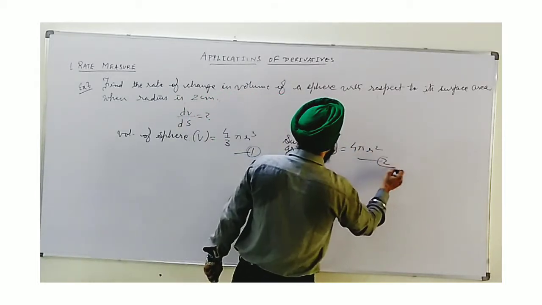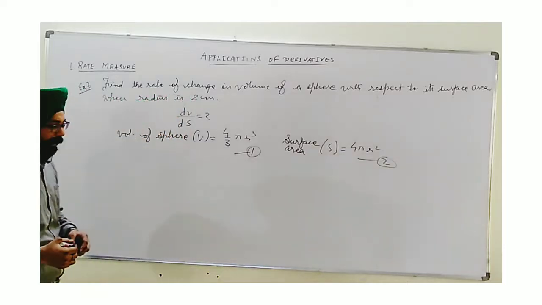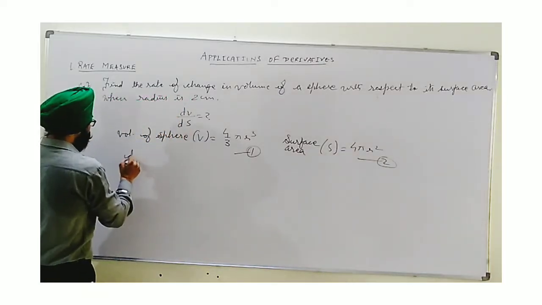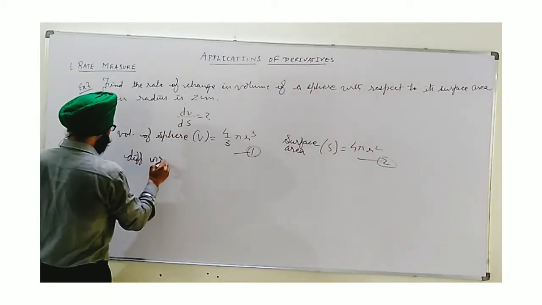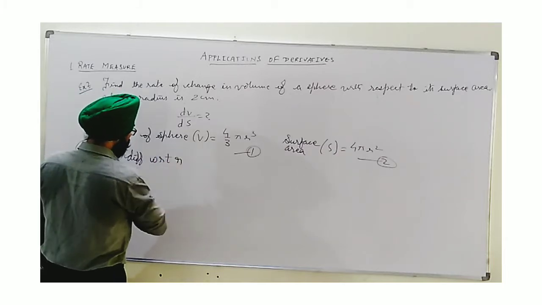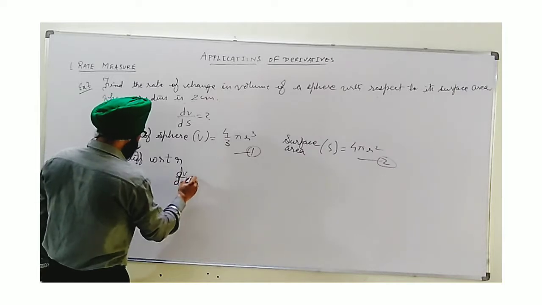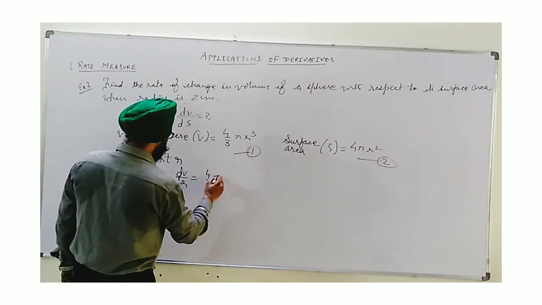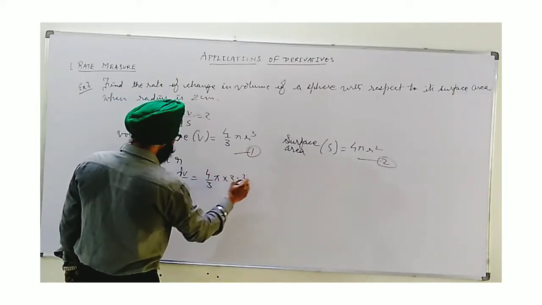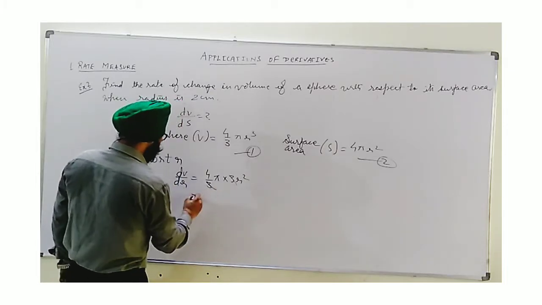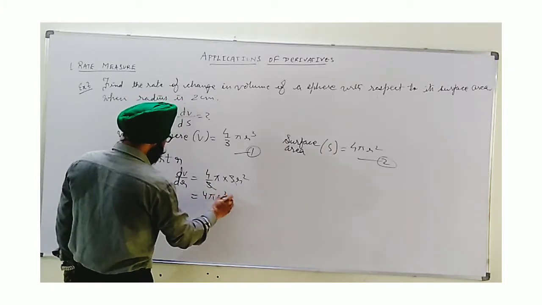This is the pattern of a parametric function. So here we write, differentiating with respect to r, we find dV upon dr becomes 4 by 3 pi 3r square. 3 to 3 cancel out. We can say it's 4 pi r square.